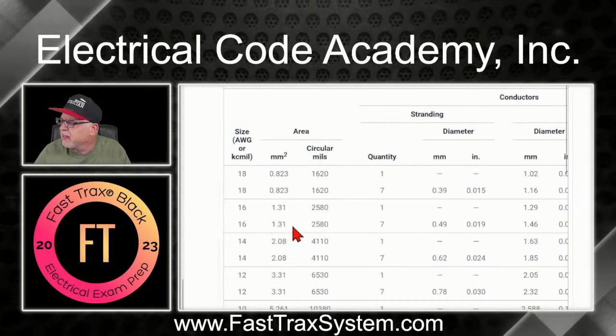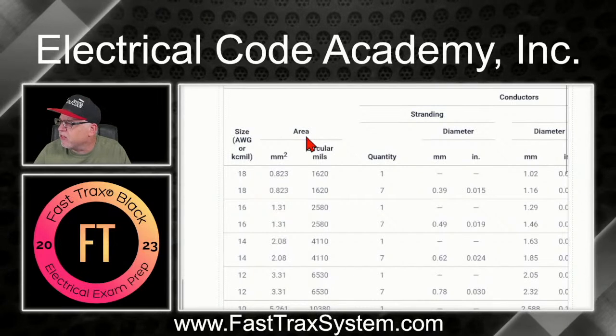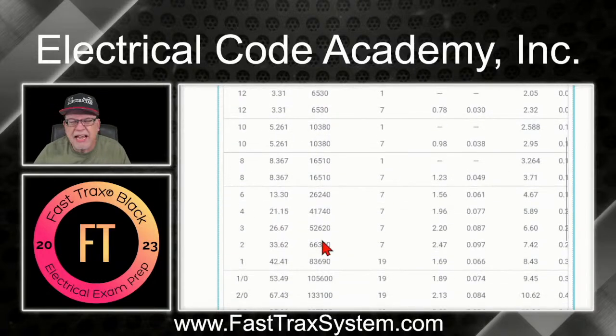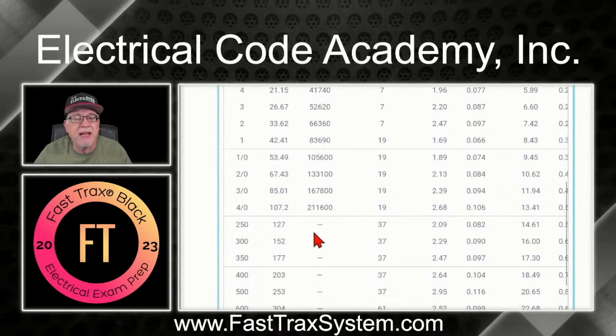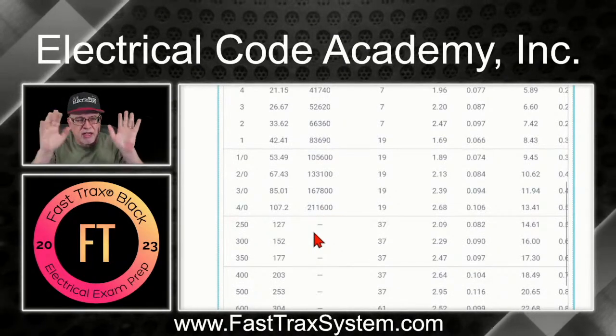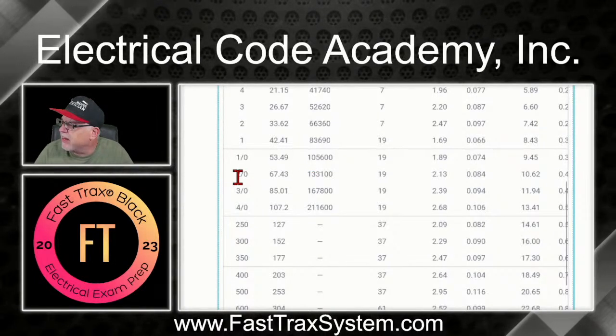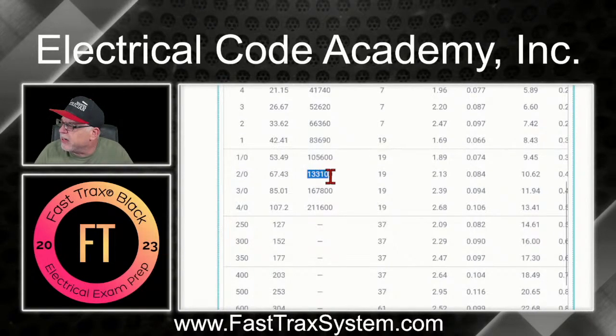What we're looking for is the circular mil, which is the area. Notice it says circular mil and then it's titled area. Let's say we had 163, just to show you the concept. Well, 163 falls between a 2/0, which is 133,100, and a 3/0, which is 167.